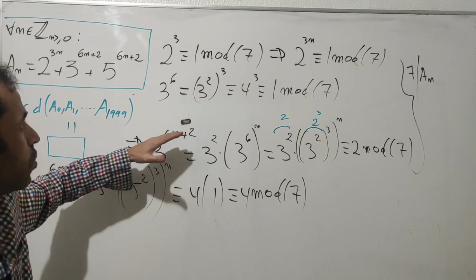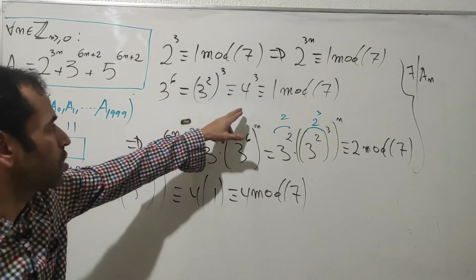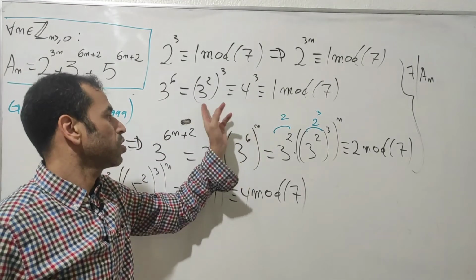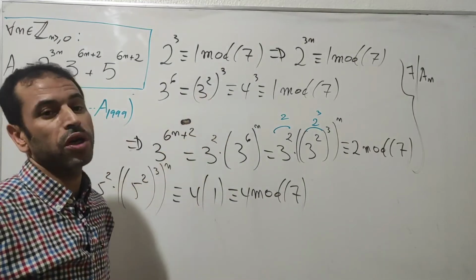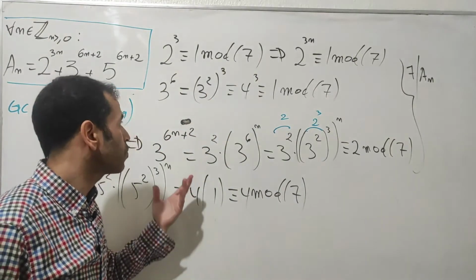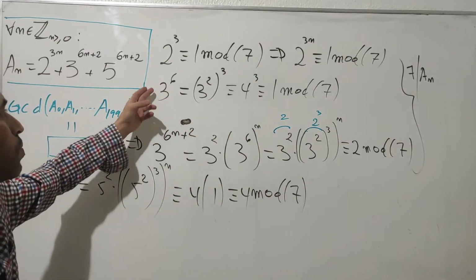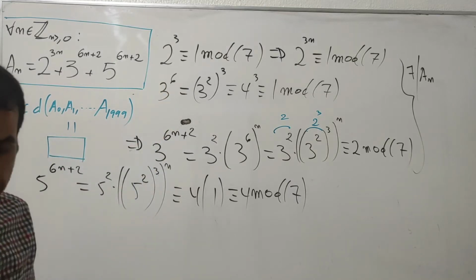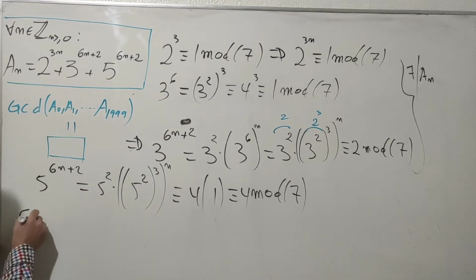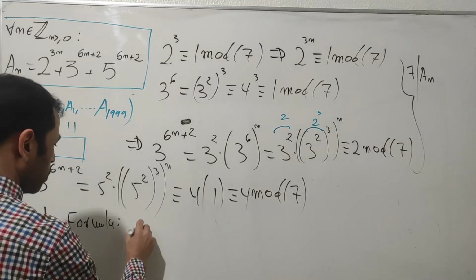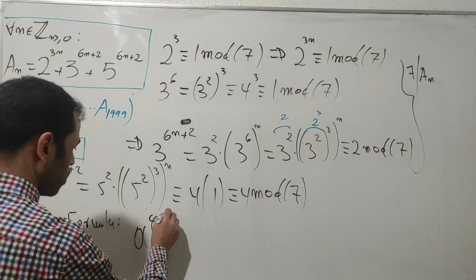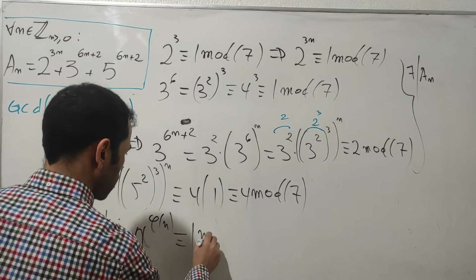Okay, now since we're applying this regular method on this one, reducing this expression to mod 7, you can use the Euler formula. The Euler formula is simpler to apply on this one here. Then apply the Euler formula here: a to the phi of n is congruent to 1 mod n.